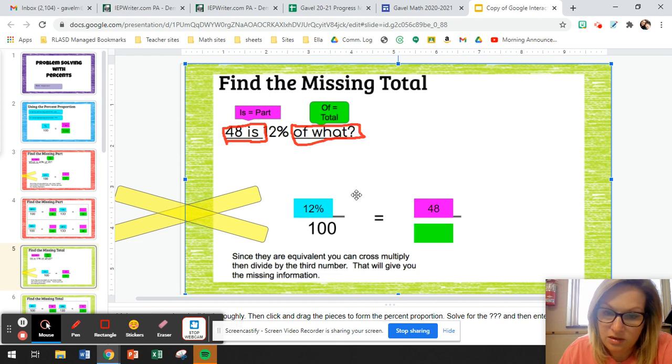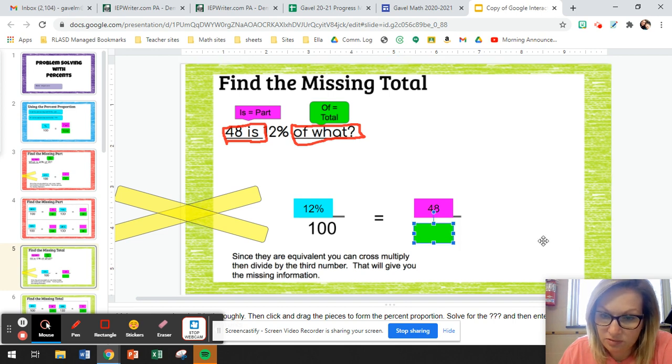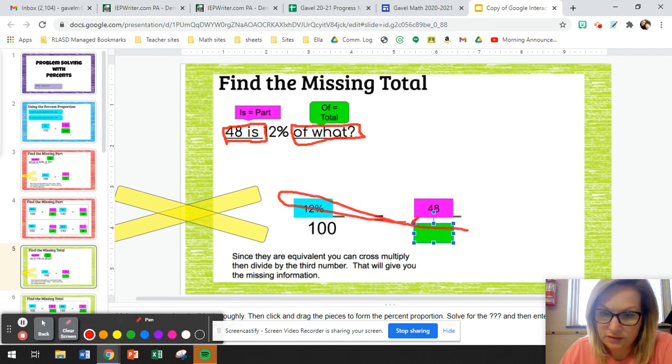Same though, you're going to cross multiply. So 100 times 48 equals 12x because we don't know what that is. Or you could just start with this, if that's easier.